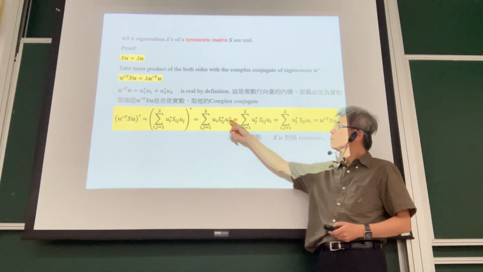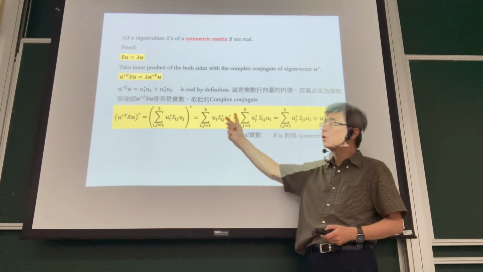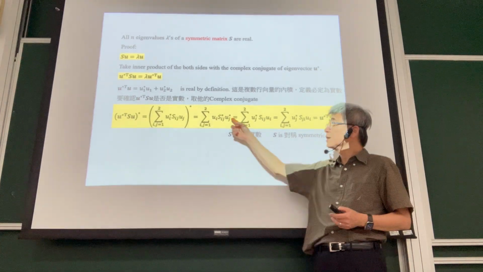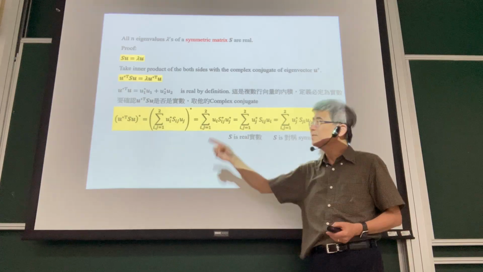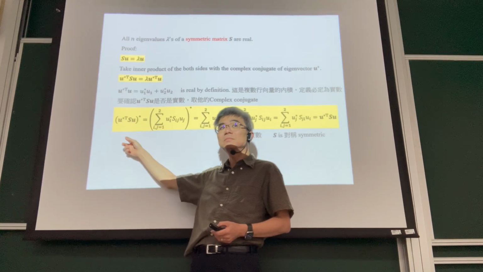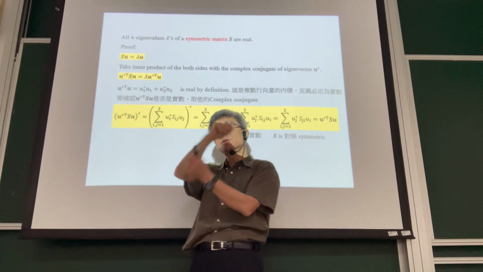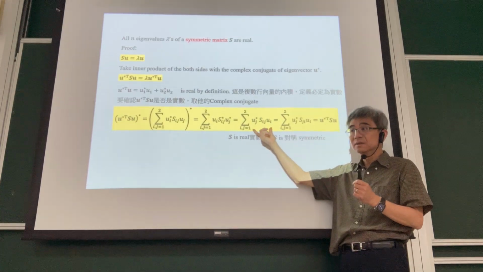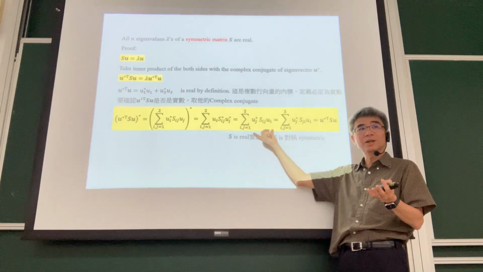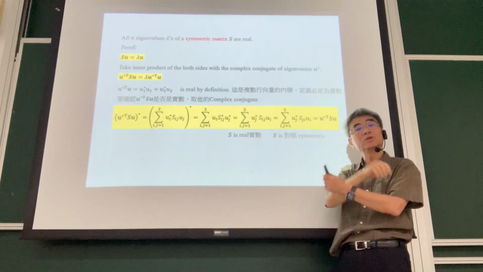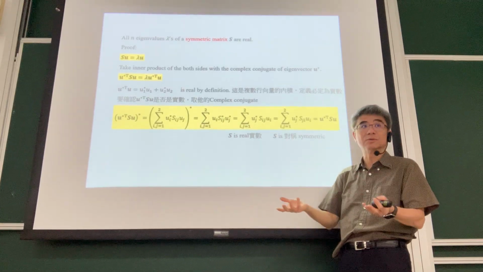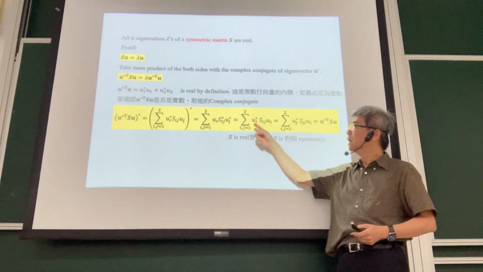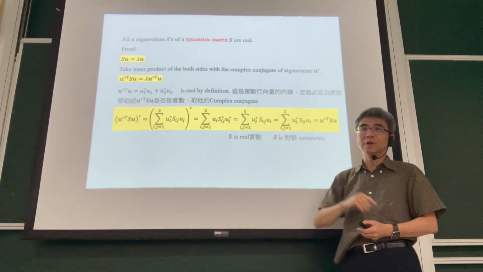And also, from here to here, I reverse the order of this and this. But it's okay, because they are numbers. If it is written in terms of column or row, you cannot change the order. However, if they are written in terms of elements, they are just numbers. So in the multiplication, of course, I can change the order of them. So this Ui, I move it to the right-hand side, and this Uj star, I move it to the left-hand side.